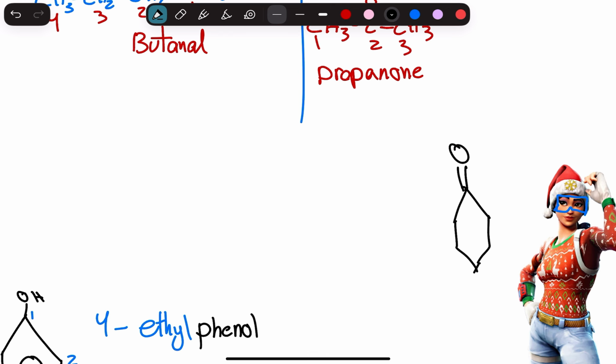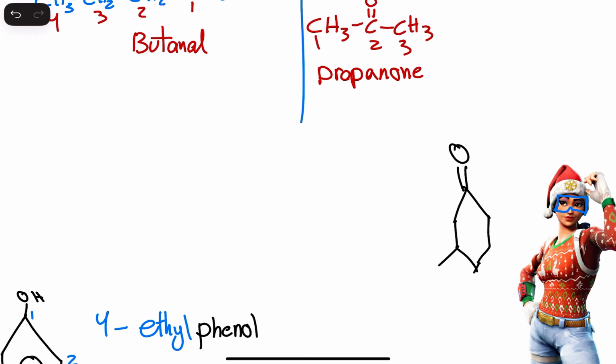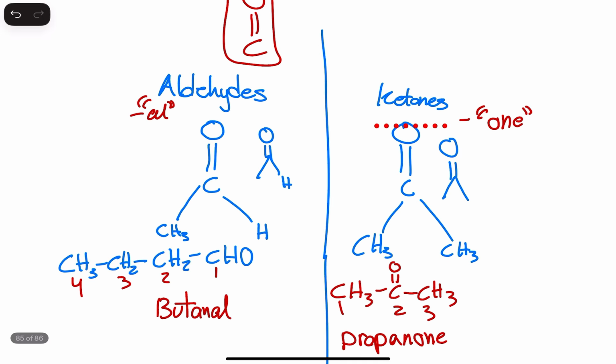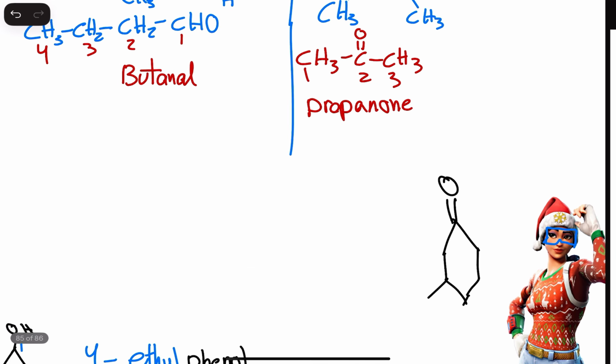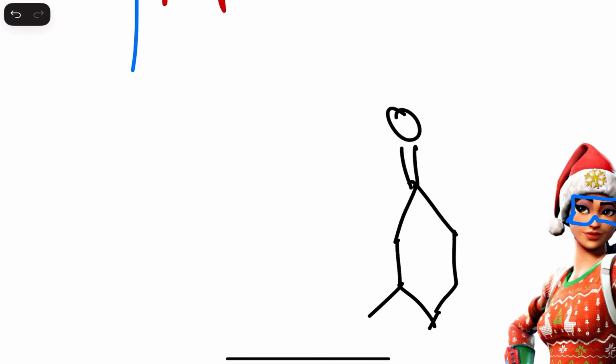And then we have an alkyl group right here. What would this be? So first thing we're going to identify is, is it an aldehyde or is it a ketone? This one, we have our carbonyl group. What's on either side? We have a carbon group and a carbon group. That is a ketone. So we know that we're going to use the ketone naming rules for that.